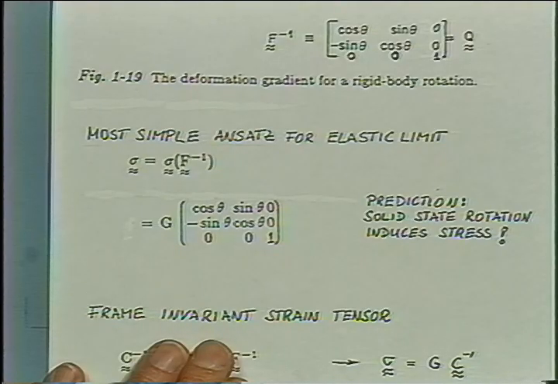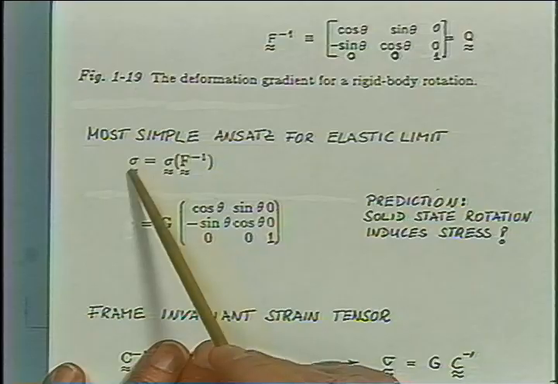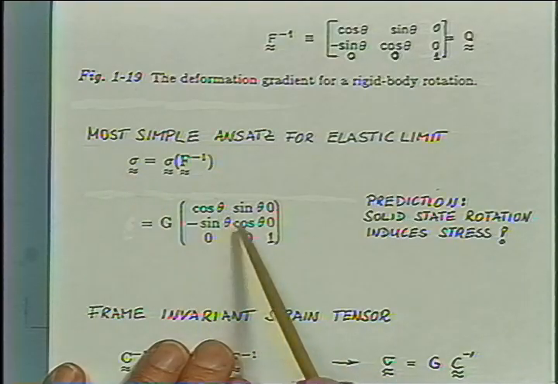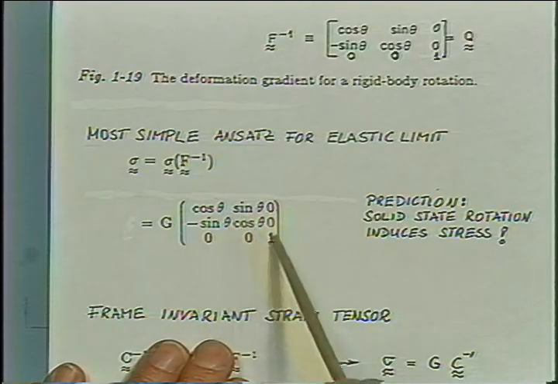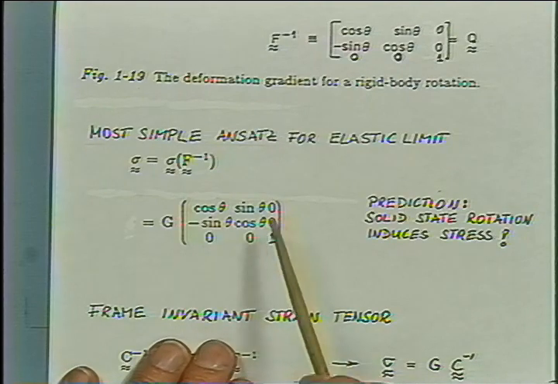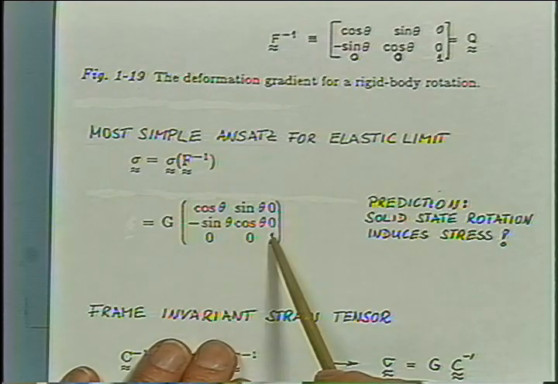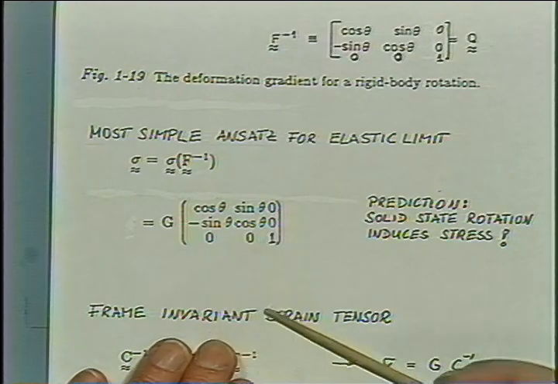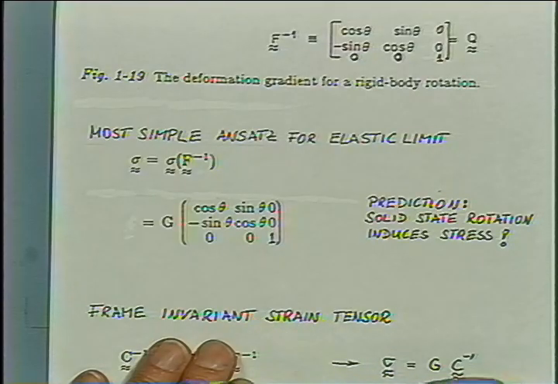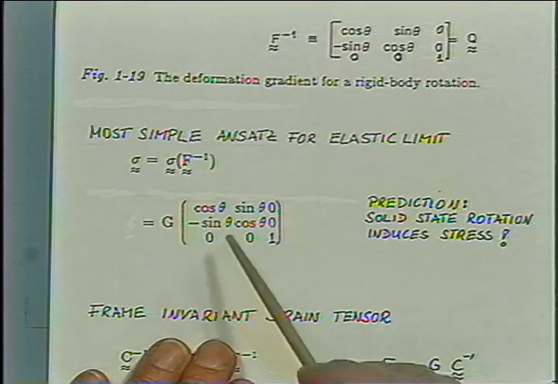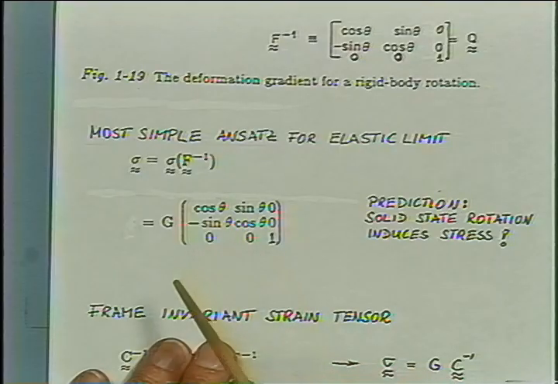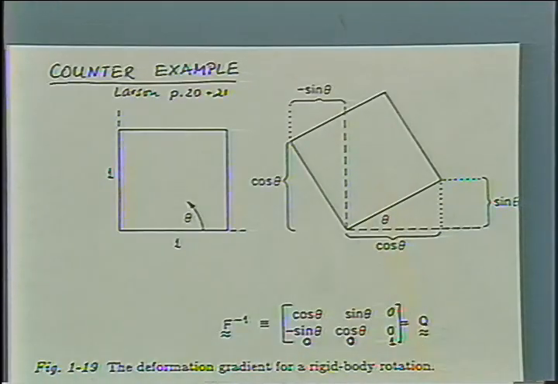And now note that if this equation is true, then the stress would be 0 at 0 angle. Everything would be reduced to a diagonal, would have just ones here, would be just an isotropic stress, no extra stress involved. But the stress components change as the angle theta of this rotation changes.